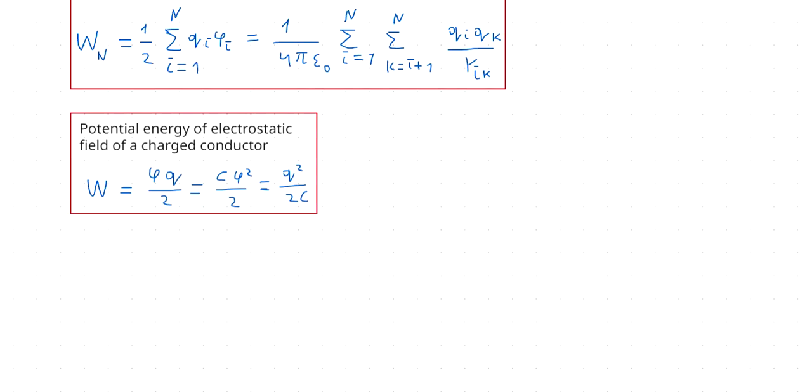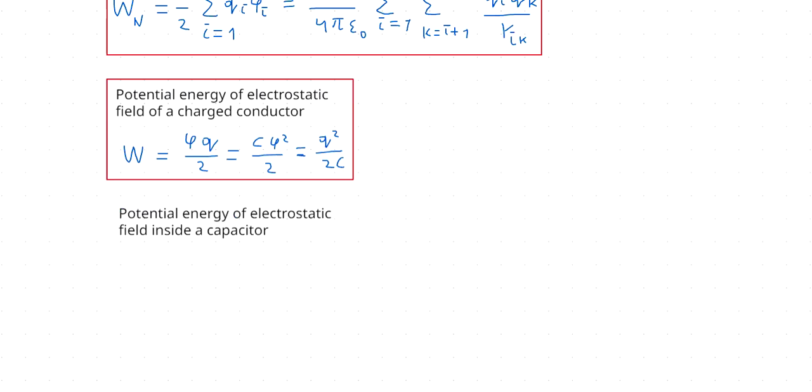So the potential energy of the electrostatic field inside a capacitor will be the energy of these two conductors.